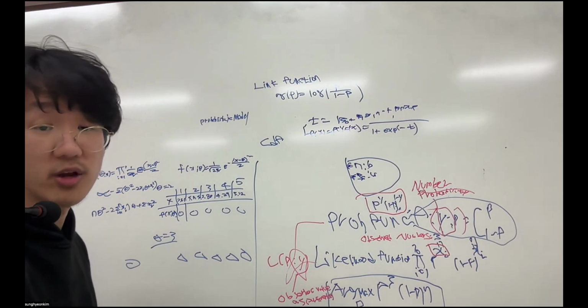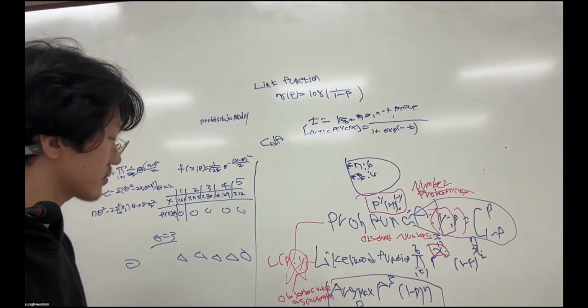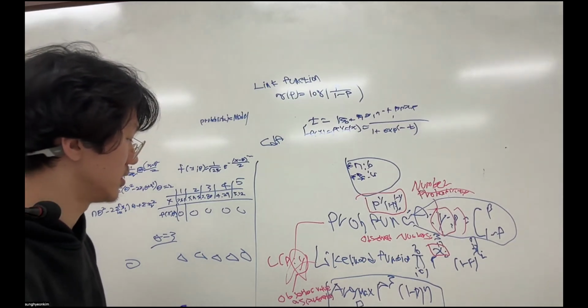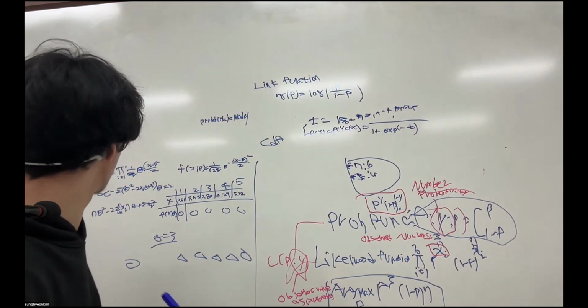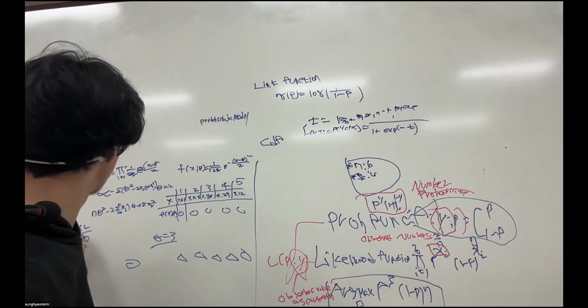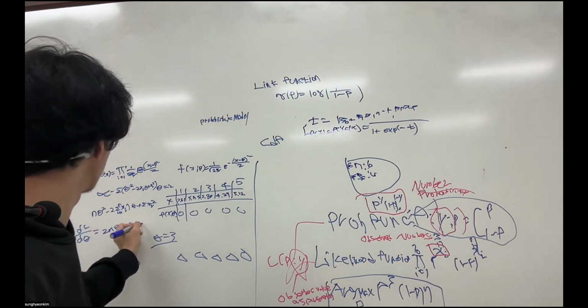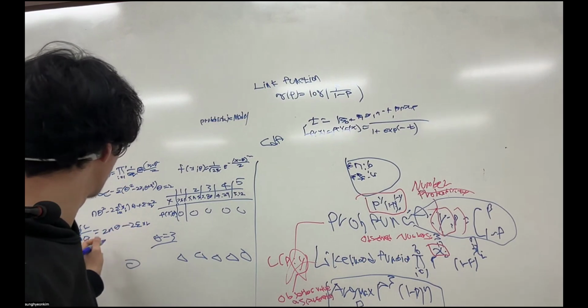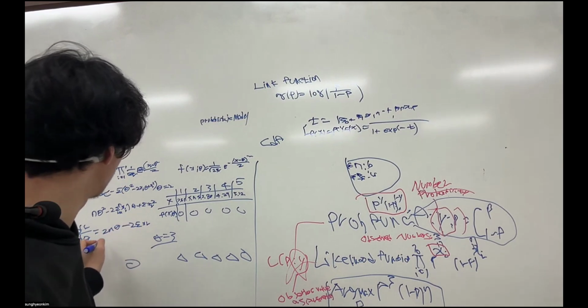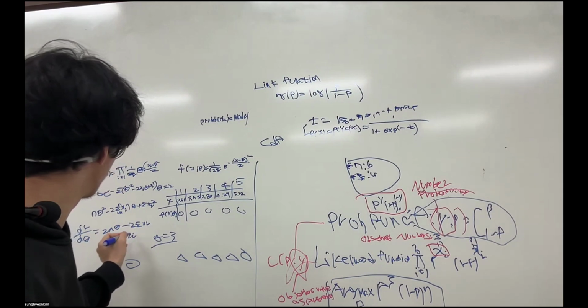And then we are finding theta. Wait a minute. Minimize, yeah. Here, the derivative will be 2n theta minus 2 sigma xi, and in this case theta will be sigma xi over n.